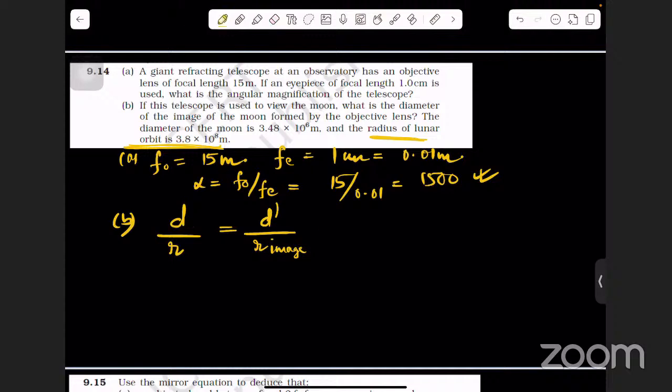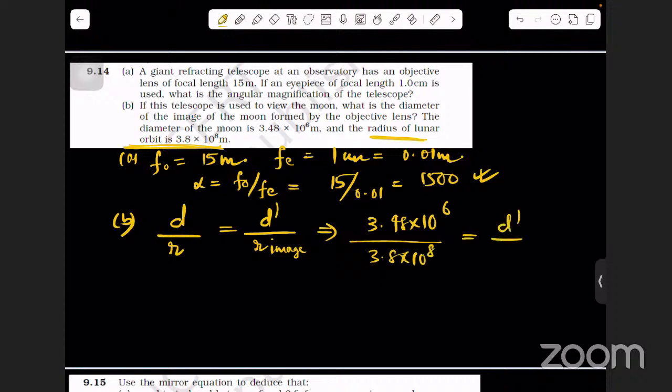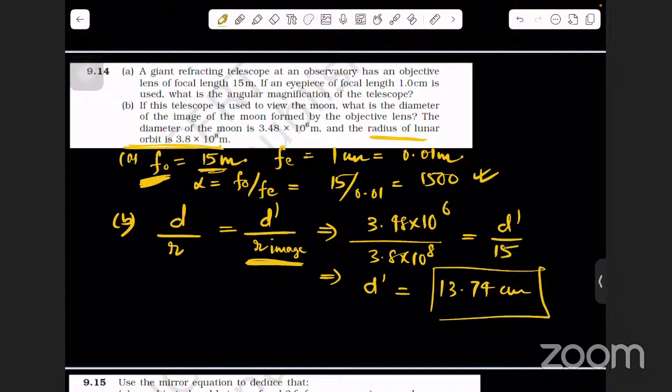So just put the values: 3.48 into 10 power 6 divided by 3.8 into 10 power 8 is d dash, which we have to find, divided by the distance. The image is formed at the focus point. What is the focal length of the objective? That is 15 meters. So from here, we find d dash as 13.74 centimeters. That is the diameter of the image which is formed.